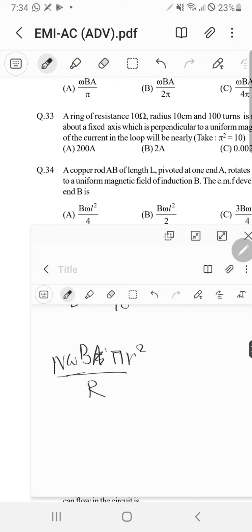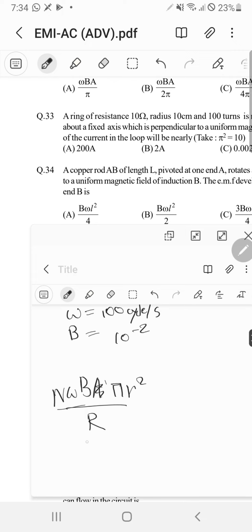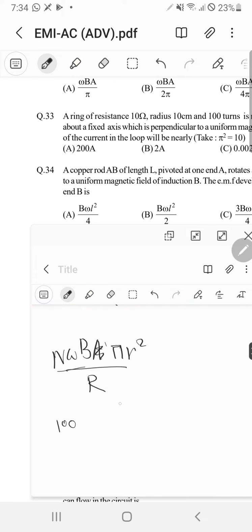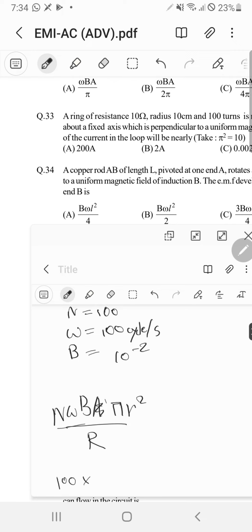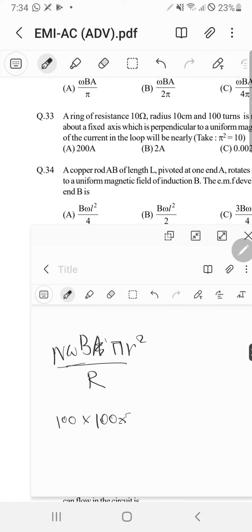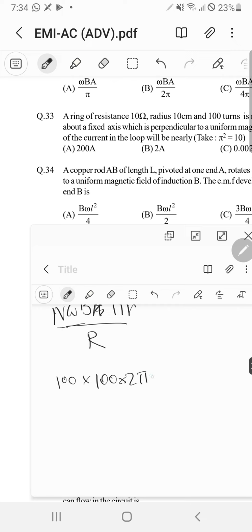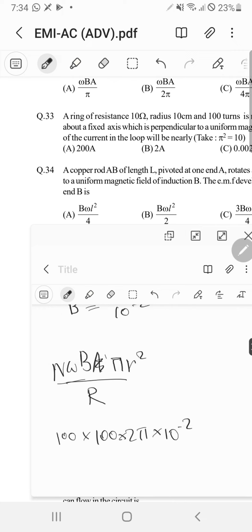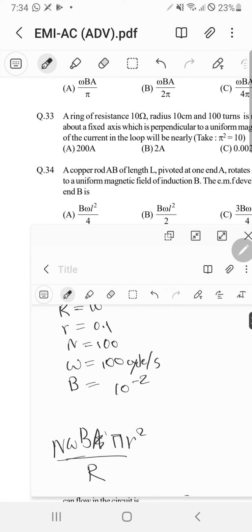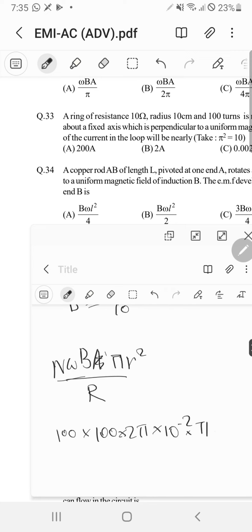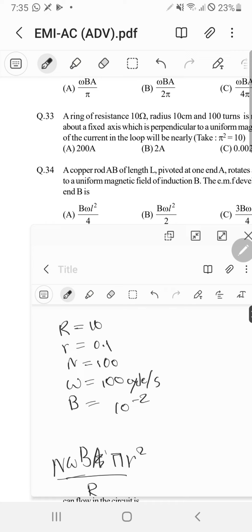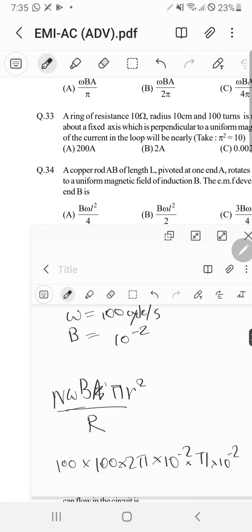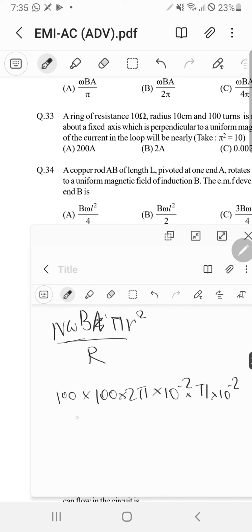Just calculate this thing. N is 100, omega is, you know what, no, I don't want that. I just want 100 times 2 pi times B, which is 10 power negative 2, and pi r squared. R squared is 10 power negative 2 once again, upon R, which is 10.